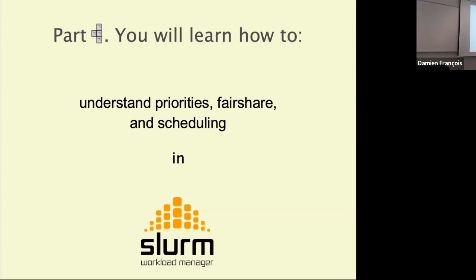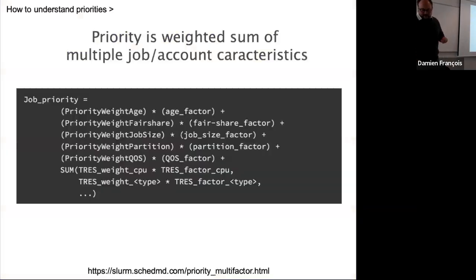Okay, so what we'll be discussing now is priorities. And now we try to be a bit quick on this because I have a lot of material to go through. But basically, the priority that Slurm attaches to a job is a function of multiple factors, multiple terms.